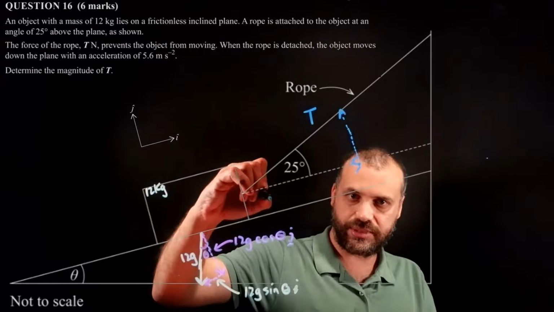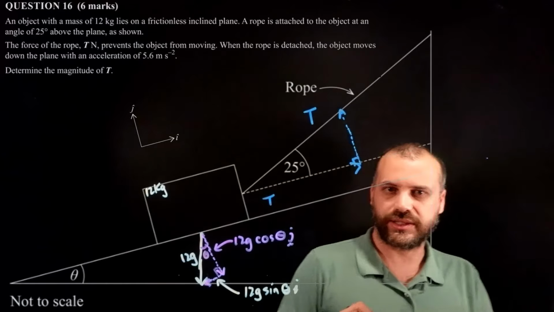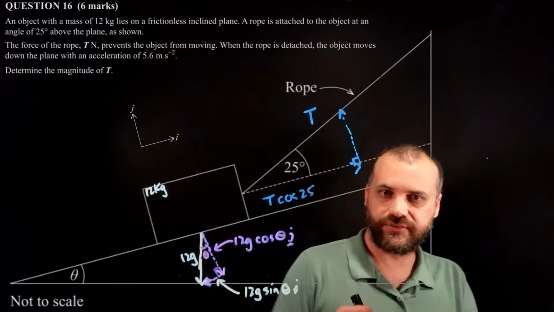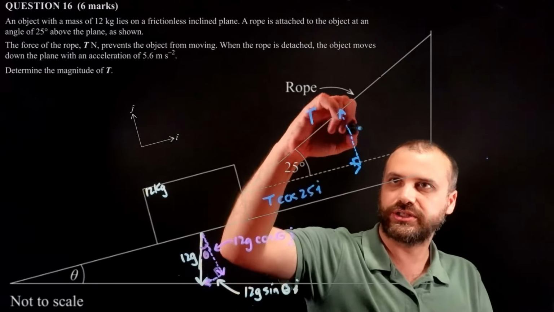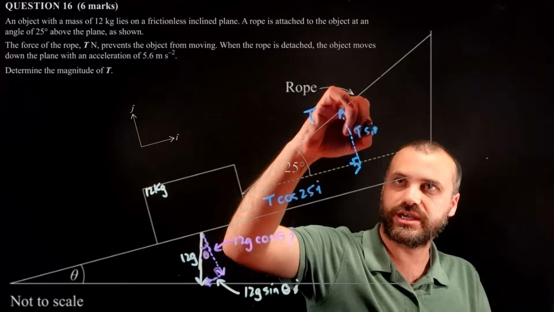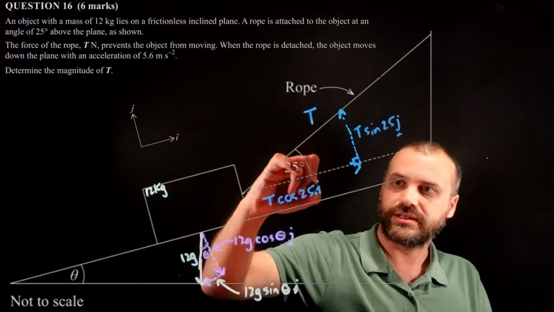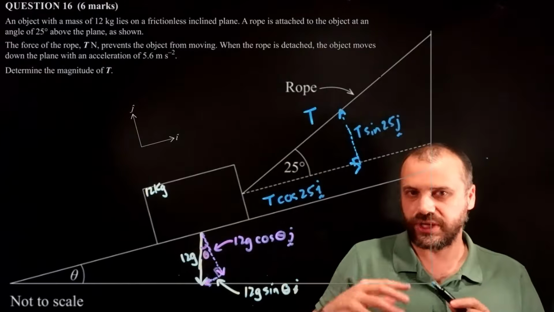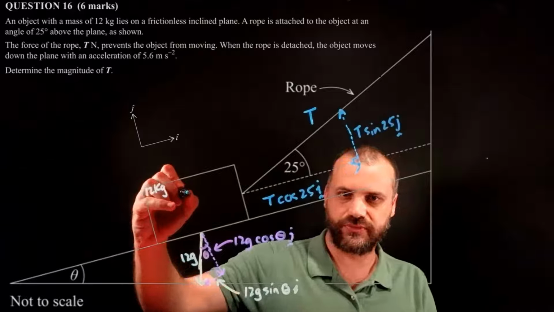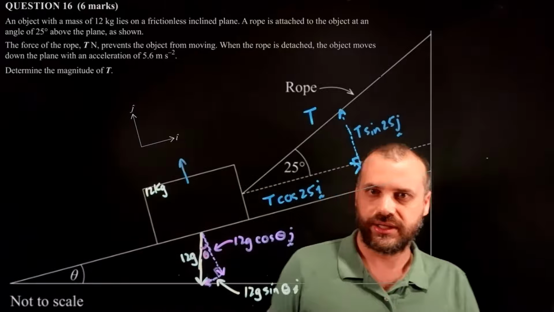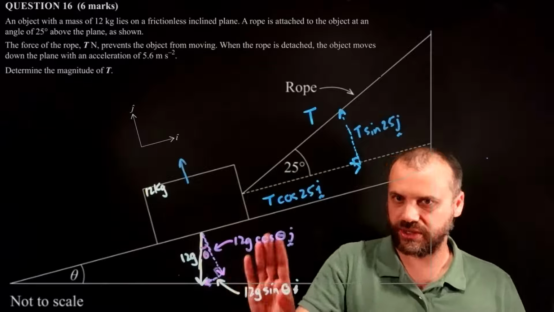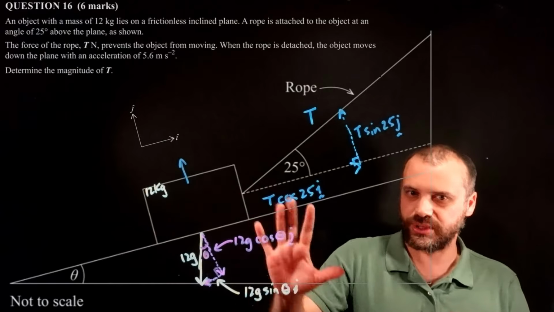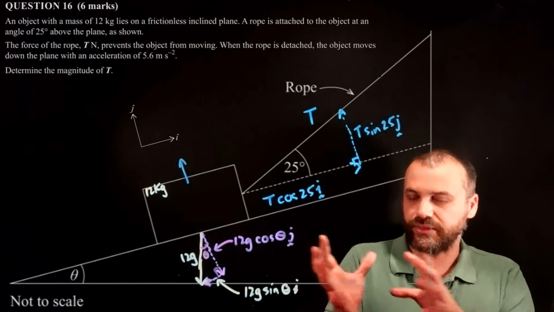Now this is going to be T cos 25 in the i direction, and then this is going to be T sine 25 in the j direction. Okay, beautiful. If we want to complete the picture, there is some sort of normal contact force here, right? When something's touching the ground, we've got a normal contact force, but I don't think we're going to have to worry about the normal contact force at all, so we don't really have to draw it in too much. All right, that is the setup.